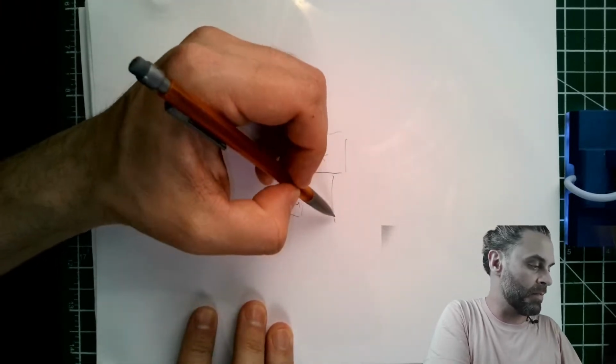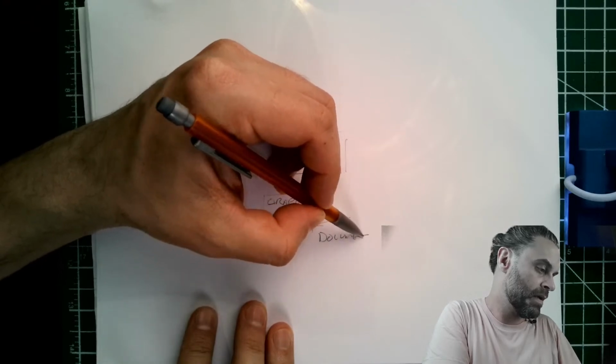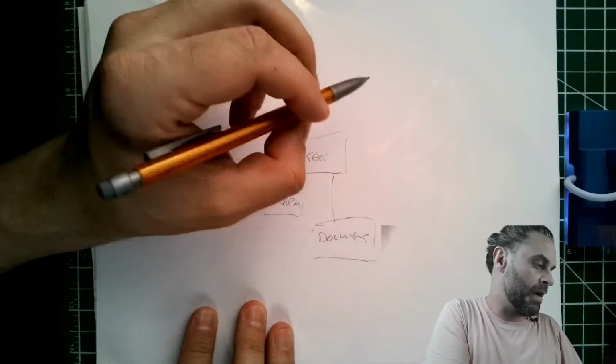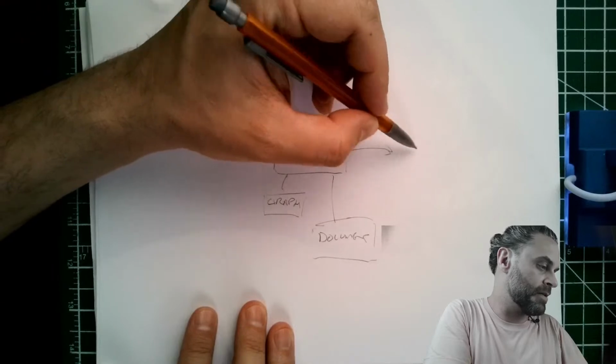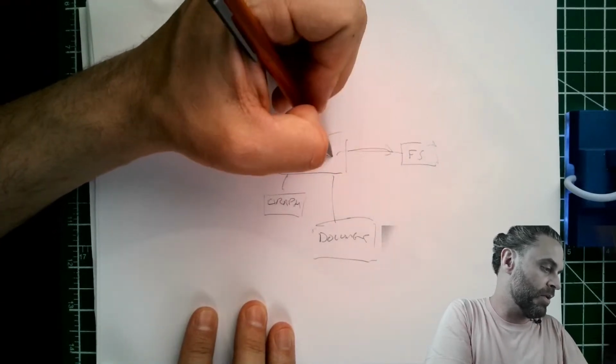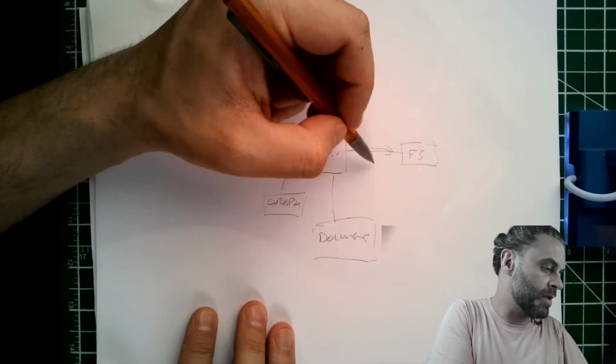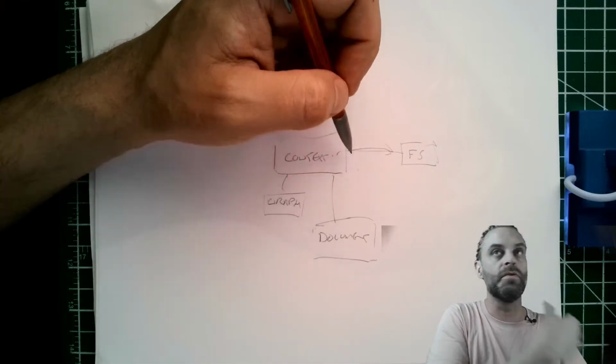It would also have a document class. And it would reach out to the file system. It would pull that in and it would just generate the stuff to a target.